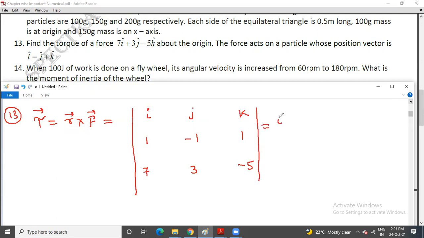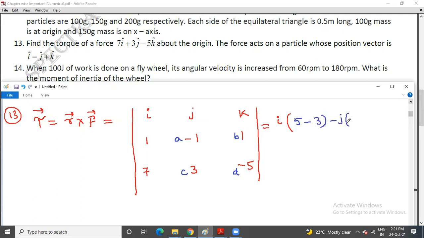Now this is equal to i. When you write i, forget about this column and this row. So there will be A, B, C and D. AD: minus 1 into minus 5, it will be 5. BC is going to be minus 3.